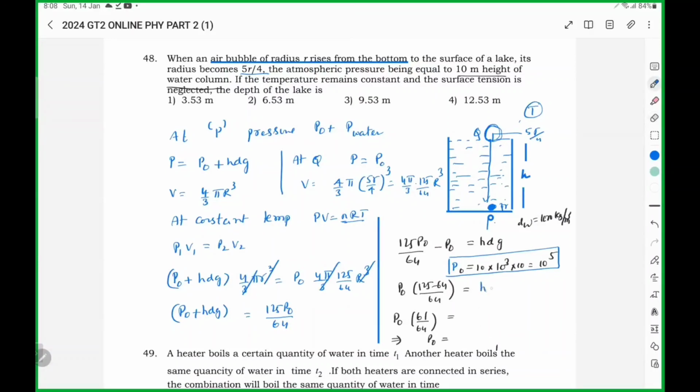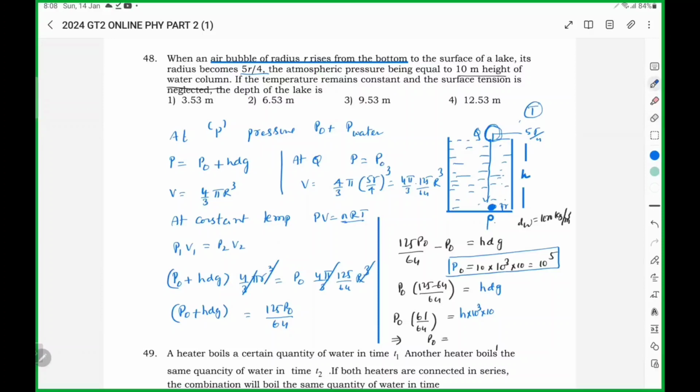Which is hρg. Here h we don't know, density of water into 10, g is 10.